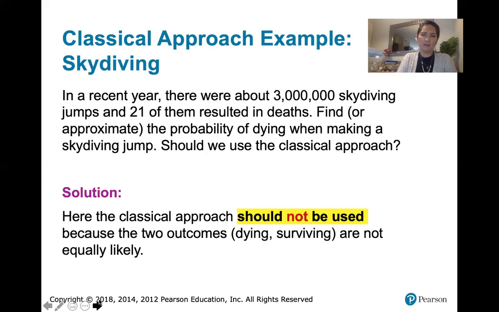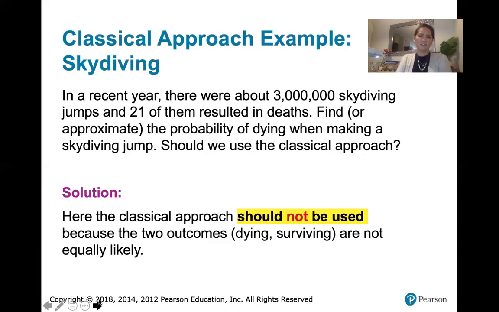We will talk about binomial distributions later in this course, and that would be relevant here. But when we're talking about whether you live or die after a skydive, we should not use the classical approach, because dying and surviving, the 2 possible outcomes, are not equally likely.